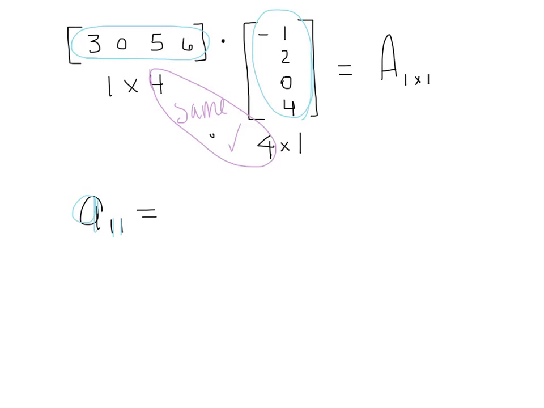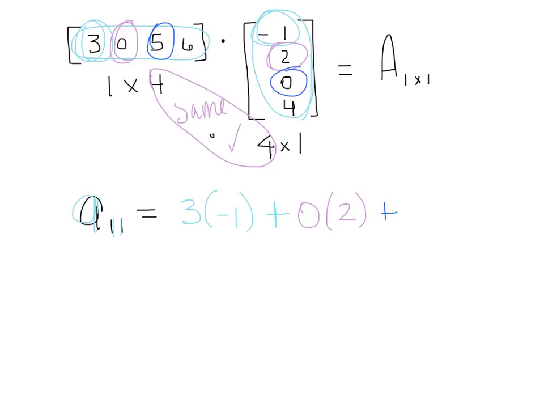Looking at just the first pair of numbers, you have 3 times -1. So this first times this first. And then you're going to add the second numbers with the second numbers, 0 times 2. And then you're going to add when you pair up the third numbers.